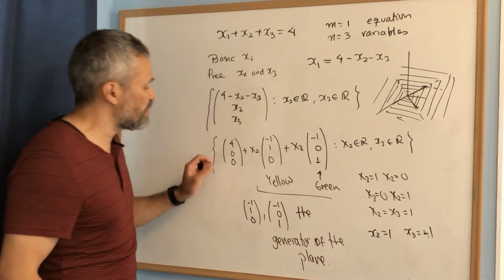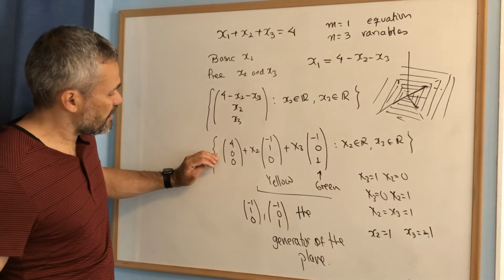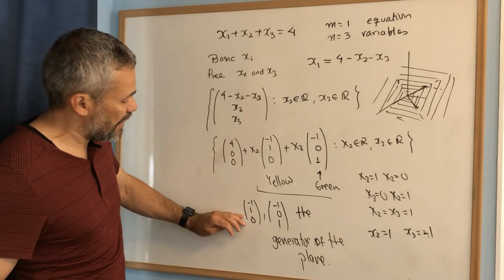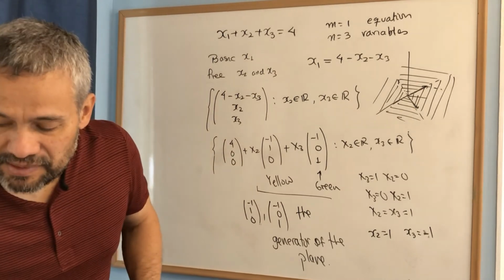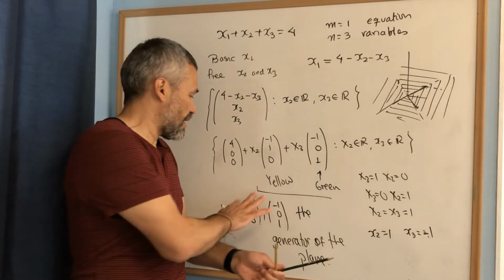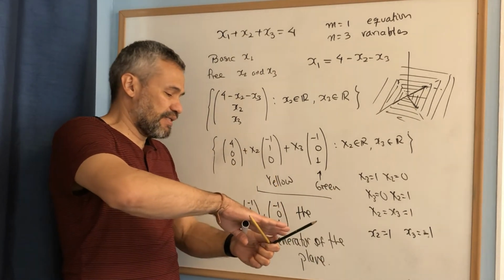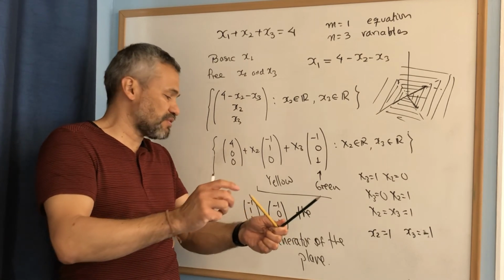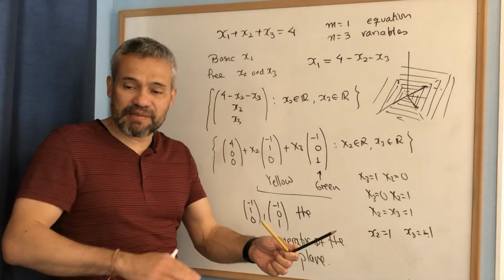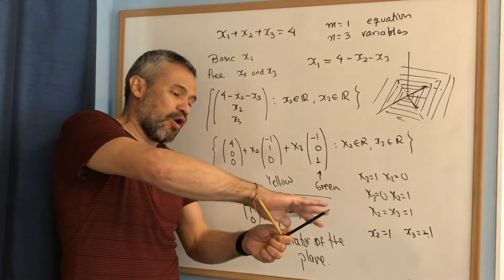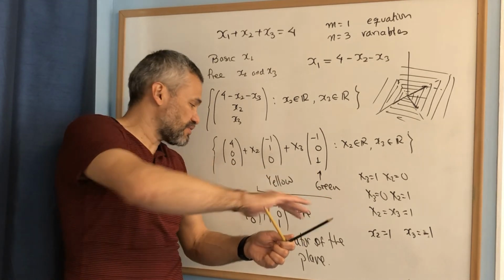The reason is that this plane is the plane generated by these two vectors. What I mean by the plane generated by two vectors is the plane that rests on those two vectors.